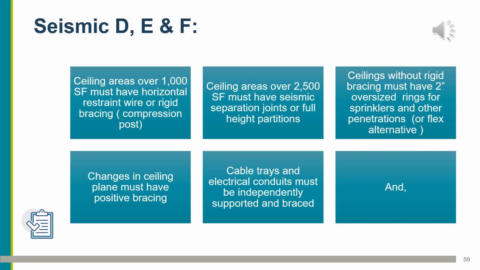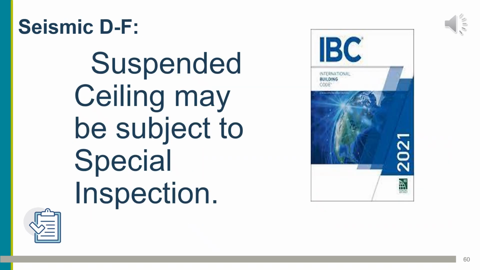Changes in ceiling plane must have positive bracing, and cable trays and electrical conduits must be independently supported and braced. And suspended ceilings may be subject to special inspection. This inspector highly recommends that a jurisdiction require special inspection from qualified individuals for suspended ceiling systems. It will make the job of the inspector so much easier.